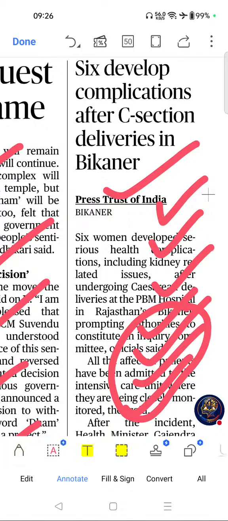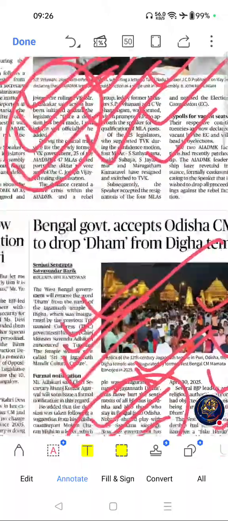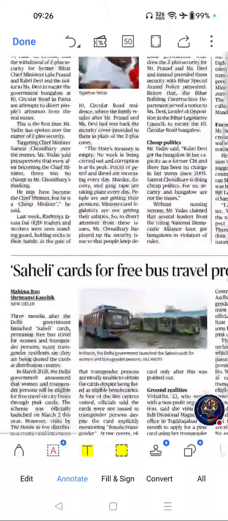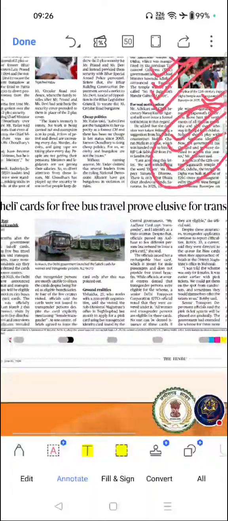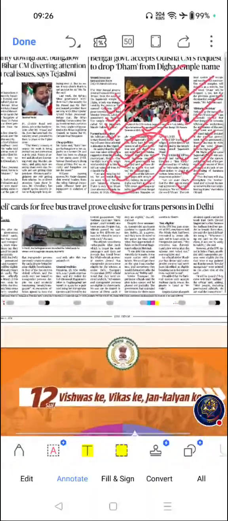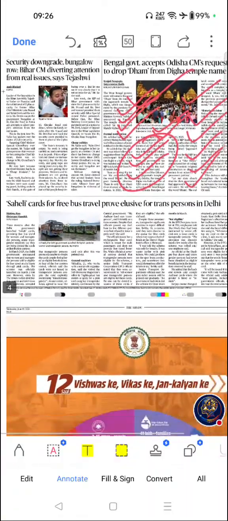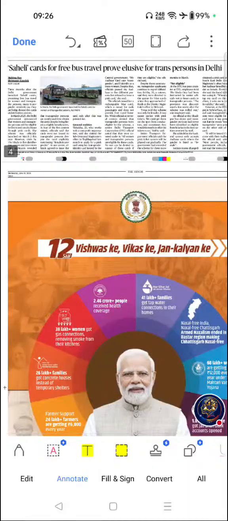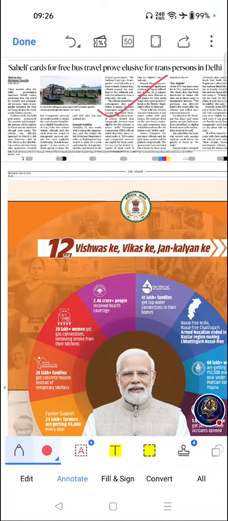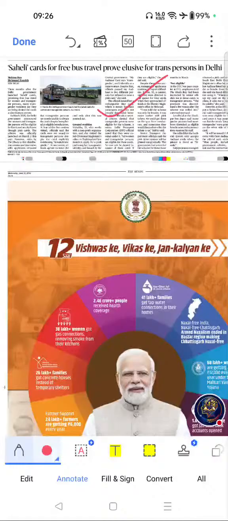Move on to next important article from this page. Next important article was this. Saheli cards for free bus travel prove exclusive for trans persons in Delhi. If you see the importance of this article, transgender rights are an important UPSC social justice topic.